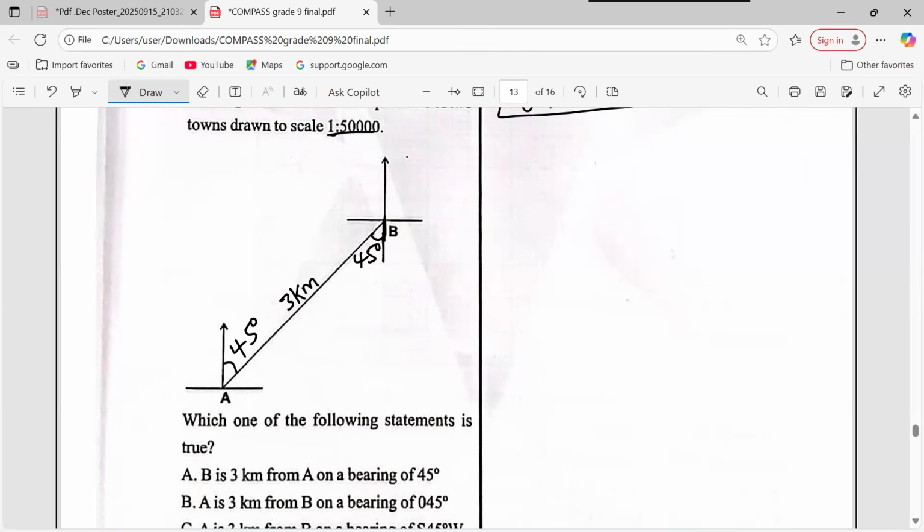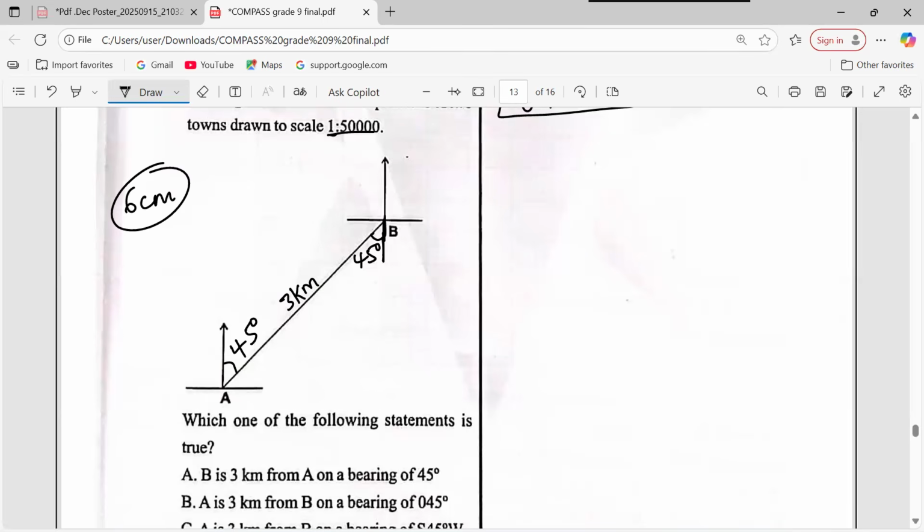Then you use the scale. Let me just tell you the exact distance from the measurement. Having my ruler here, I measure the distance and it's 6 centimeters.